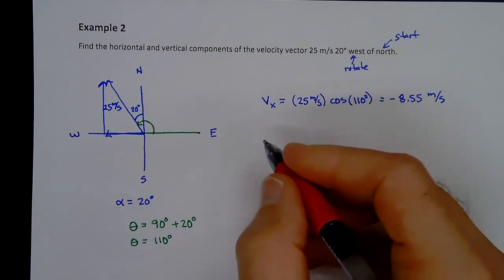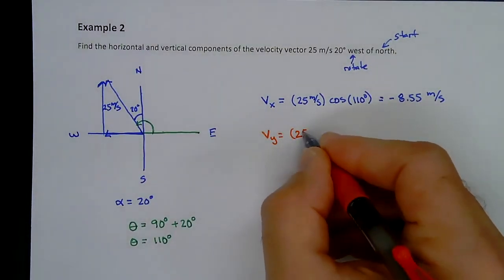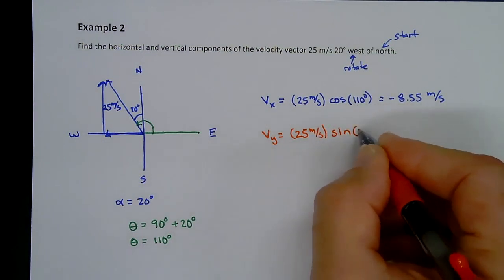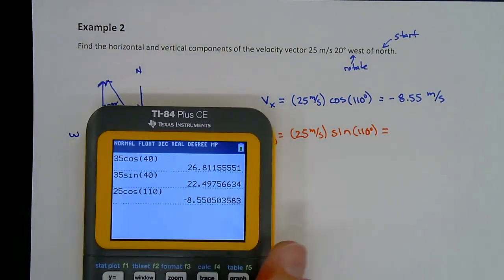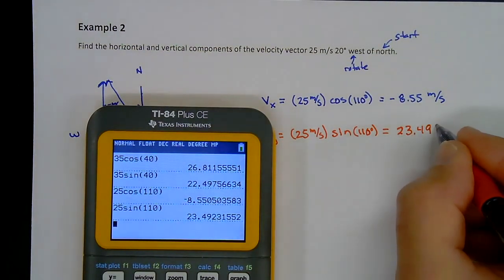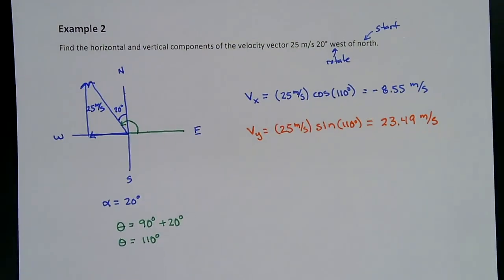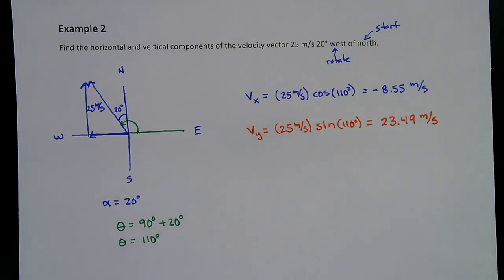My vertical component, V sub y, is 25 meters per second times sine of 110 degrees. 25 sine 110 gives 23.49 meters per second. So there's both our horizontal and vertical components.